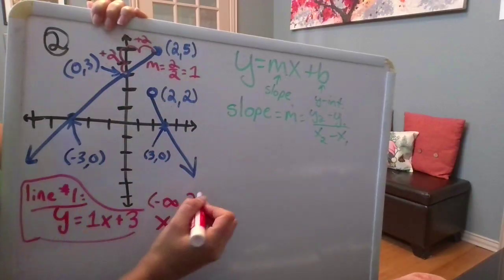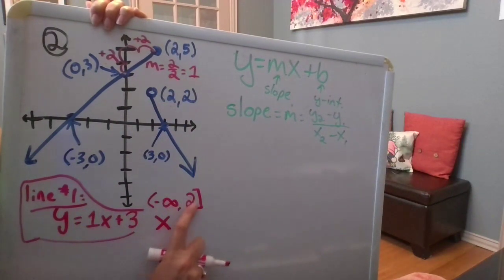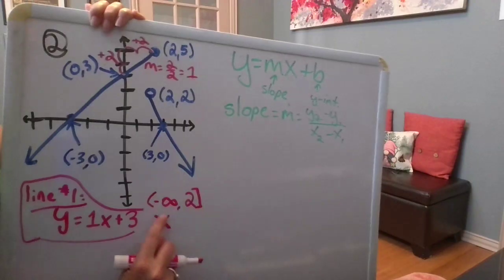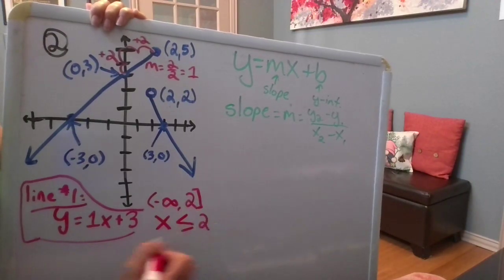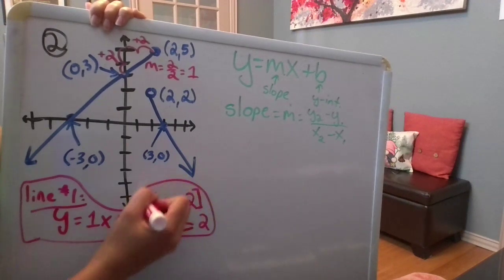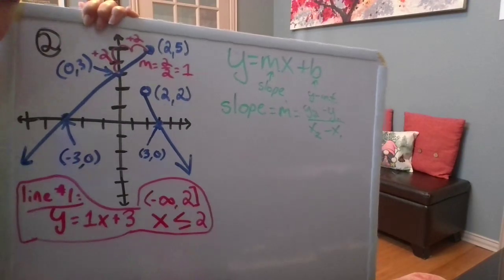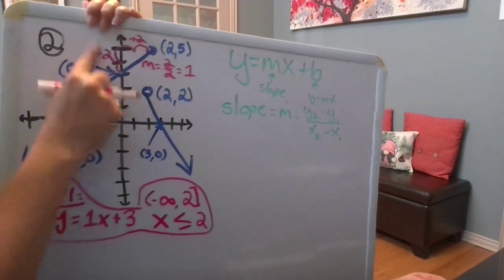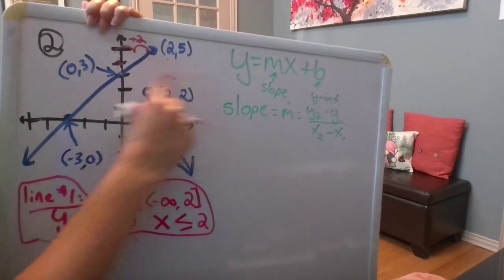It is a solid dot, so it makes it a bracket. A different way to write this, which is set notation rather than interval notation, is x is less than or equal to 2. You did not have to write both forms. If x is 2 right here, it has to be less than or equal to that. So I'm going to erase the little red dots and lines up here.